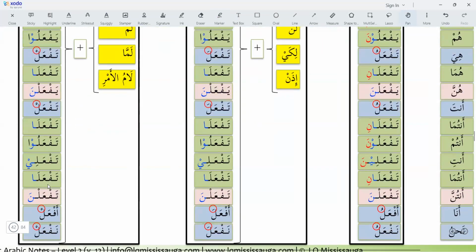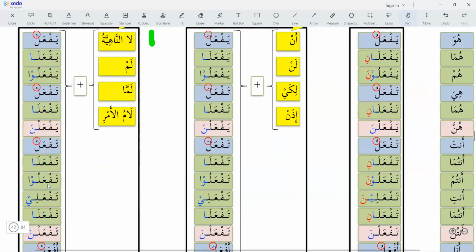So does any of you have any question about this chart you are seeing in front of you? Sir, there is a question about lam of amr, how can we read it? Liyaf'al, liyaf'al. You just tell me if the concept is clear or not. We will learn more about these four particles, the nawasib and the majzum.